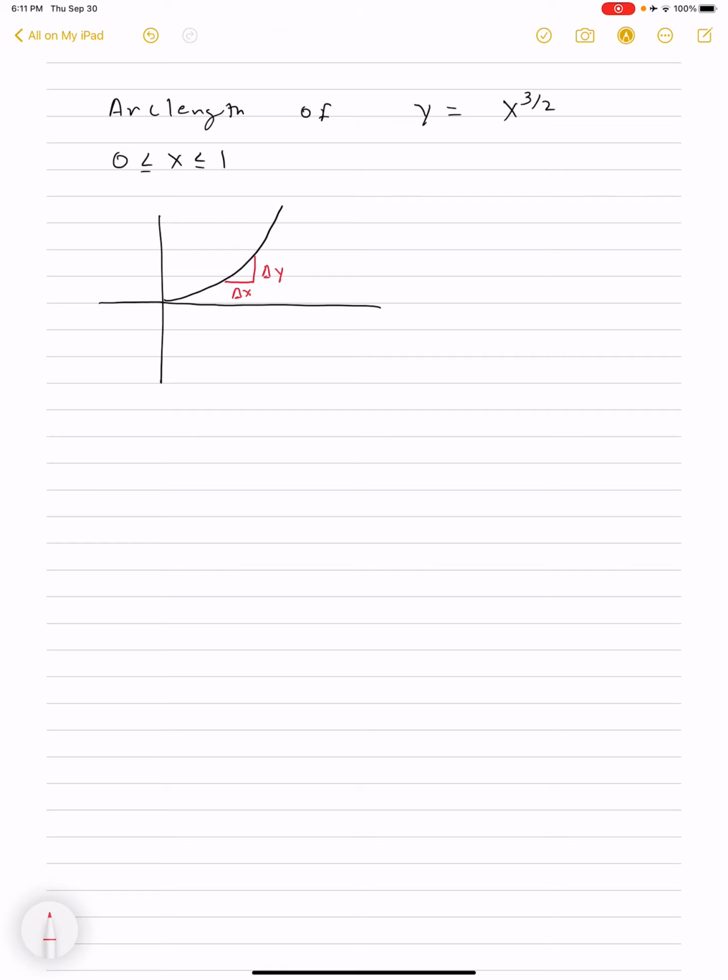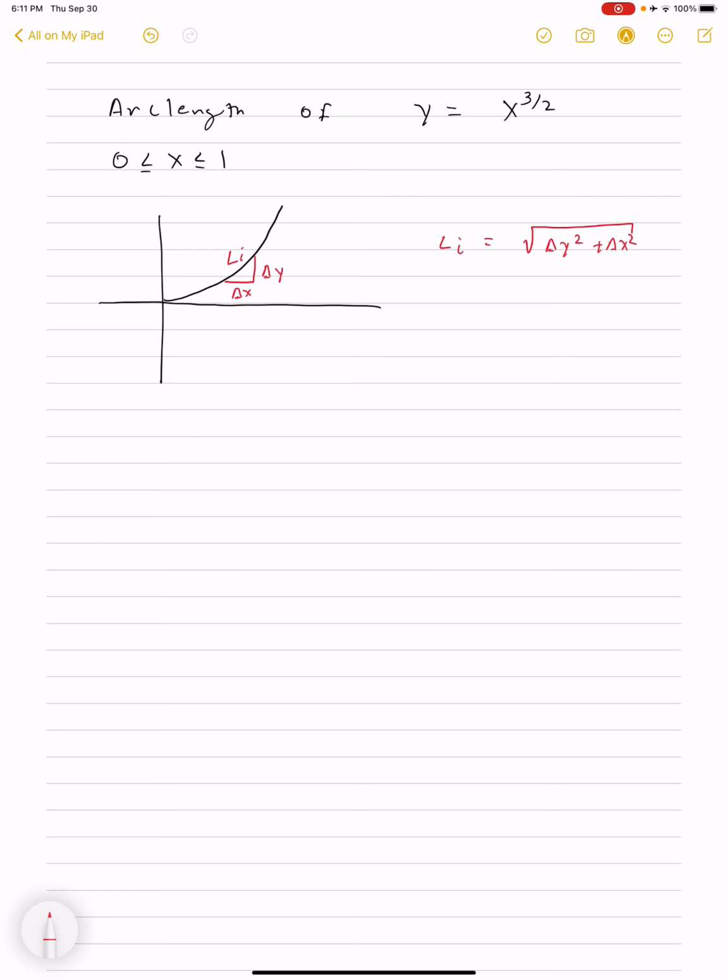Then the length of this curve, L sub i, satisfies Pythagoras. L sub i is going to be the square root of delta y squared plus delta x squared.